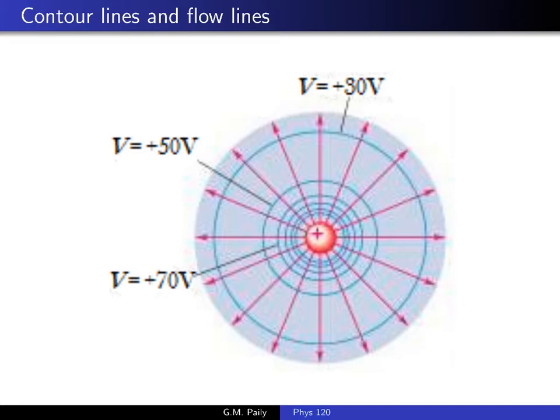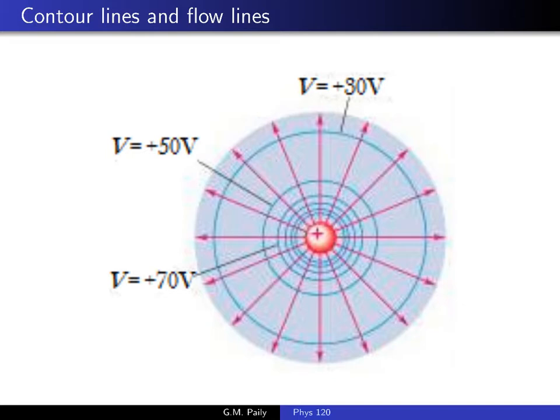In this case, a point charge. Here the equipotentials are circles, and the field lines go radially outward, and once again we see the intersection is perpendicular. This is a positive point charge, and so the field lines go away from it, that is, away from high potential towards lower potential. You can see that they are crossing the 70 volt, 50 volt, and 30 volt equipotentials.